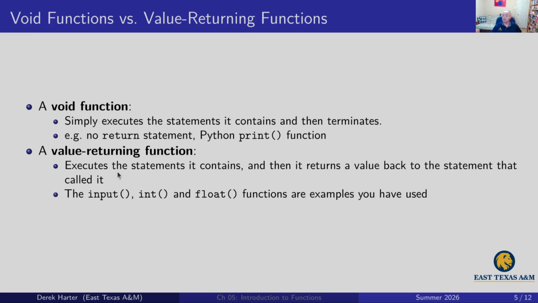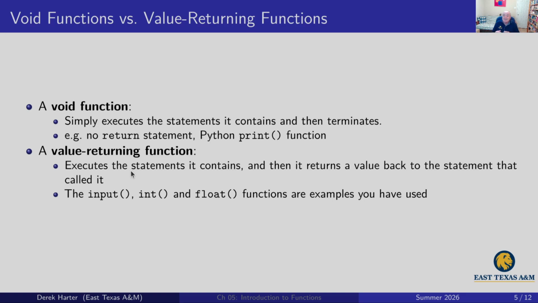The only difference between void and value returning functions in Python is that a void function just doesn't have a return statement to return a result from calling the function. Whereas the more common kind, the functions you'll mostly be writing in this class, do a calculation and then return a result.